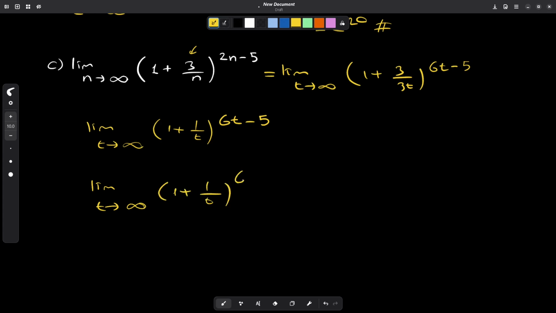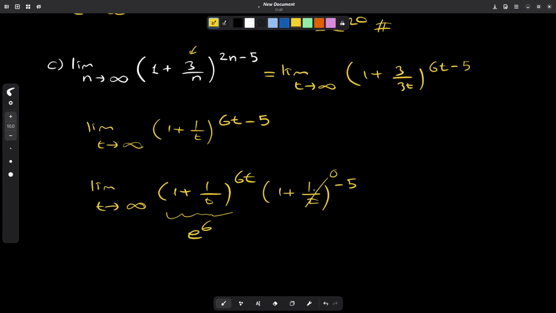It took some time for me to figure out what I wanted to say. It happens to the best of us. This is going to be (1 + 1/t), like this, right? So this part is clearly e to the 6th power.